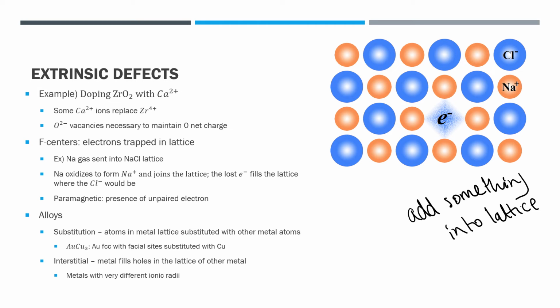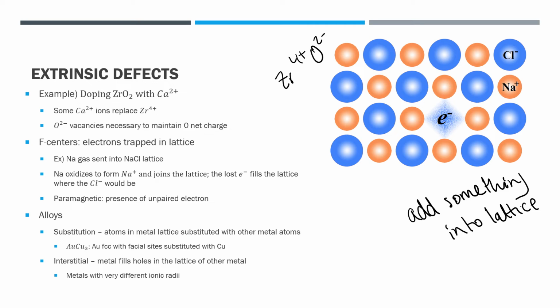For example, if I doped zirconium oxide with calcium 2+, so zirconium oxide, right, we have Zr4+ and O2- ions in my cell. If I doped this with calcium 2+, this calcium 2+ is going to replace the zirconium 4+.